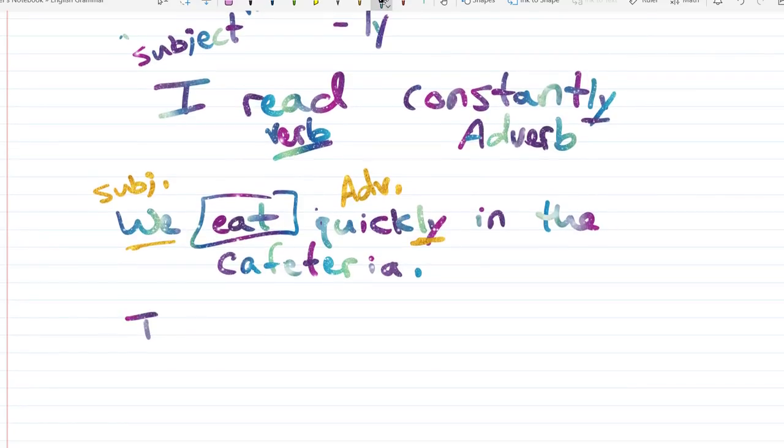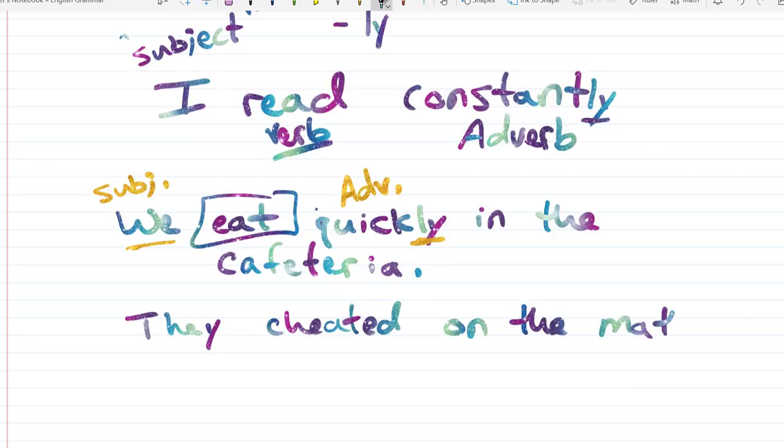And hopefully no one does this, but they cheated on the math test. Right? Well, again, we can have a different subject. Look at this in English. We could say we cheated, right? And it would be the same exact word. Cheated wouldn't change. But here we have, they.